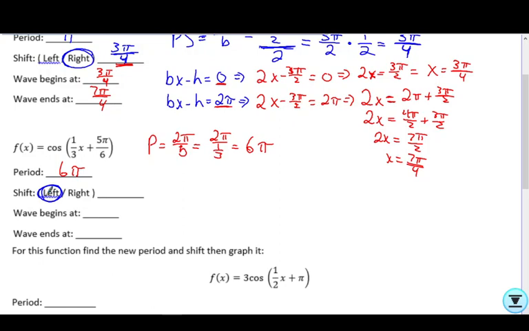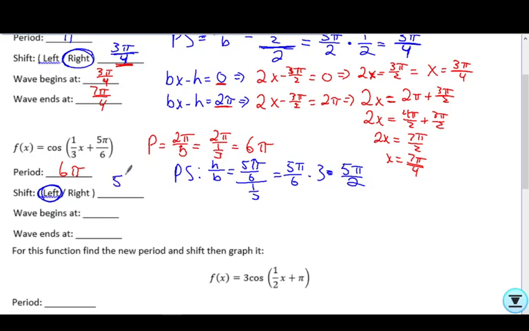But since I have a phase shift going on, we can use the phase shift equation, which is h over b, which is 5 pi over 6 divided by 1/3, which is the same thing as multiplying by 3. So 5 pi over 6 times 3 ends up being 5 pi over 2.